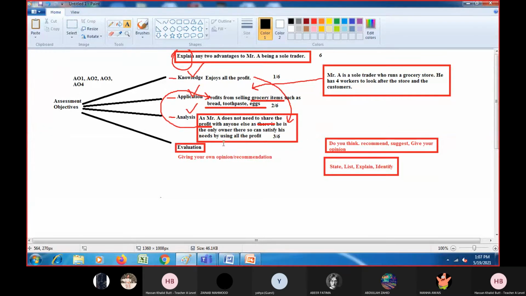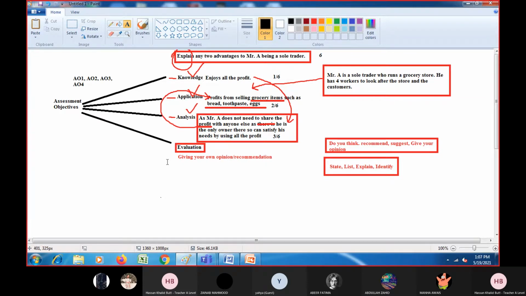So if you mention one more point, that is, you show the knowledge, and then you develop that point, that is, why this advantage is available to a sole trader, and along with that you use the application as well, then you will get another 3 marks, and this is how you will get 6 out of 6.